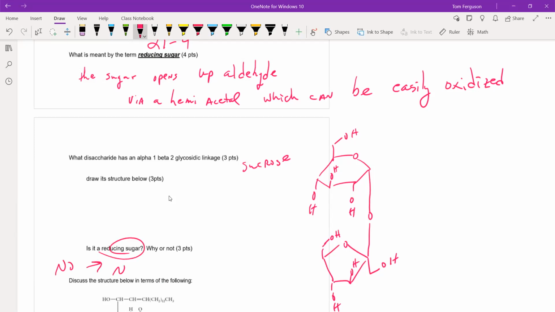No, because no hemiacetal is present. So this linkage here is going to be an alpha 1 beta 2. Okay, so this is carbon number 2, this is carbon number 1, both anomeric. This linkage here is going to be beta because we're going up, and connecting with an alpha up here.